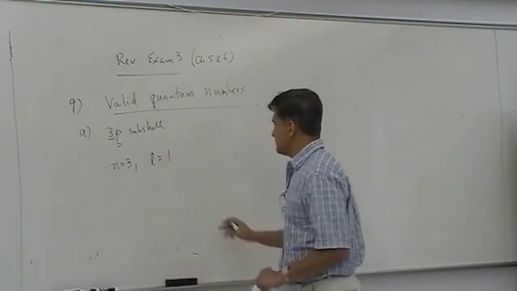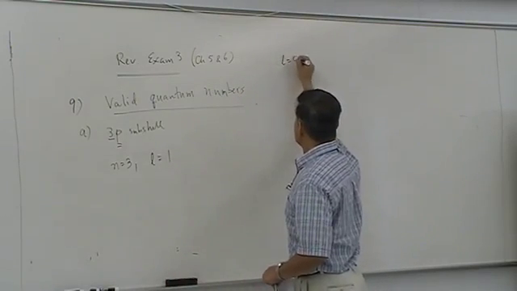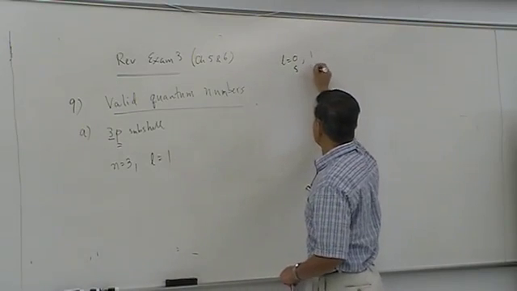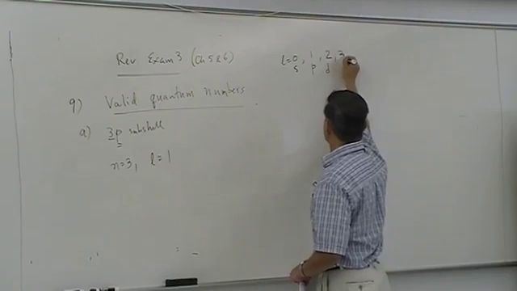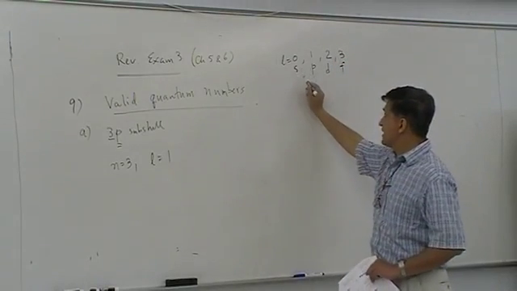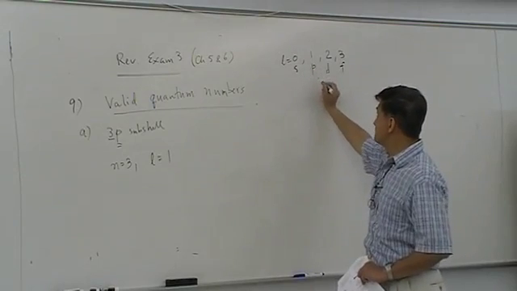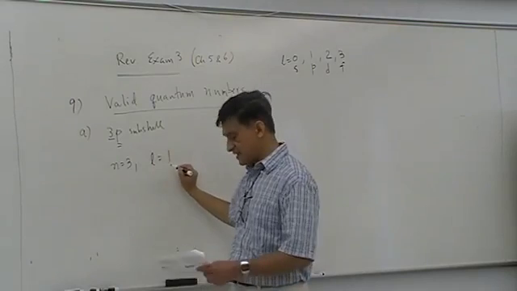Now let me remind you how this works. In case you forgot, L = 0 stands for S, 1 for P, 2 for D, and 3 for F. So you'll have to know that: 0 S, 1 P, 2 D, 3 F. So now I have a P subshell, so it has to be L equals 1.